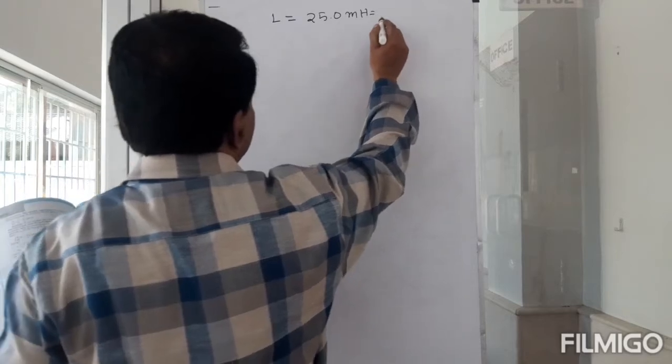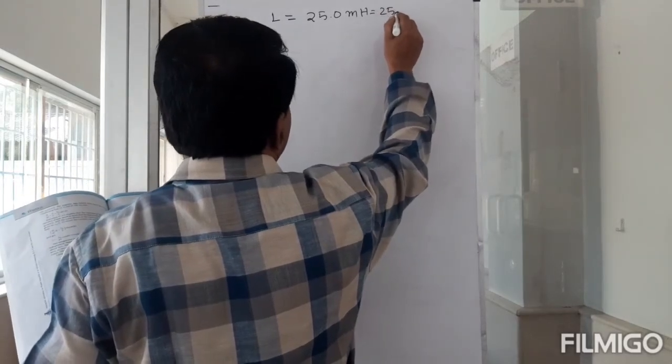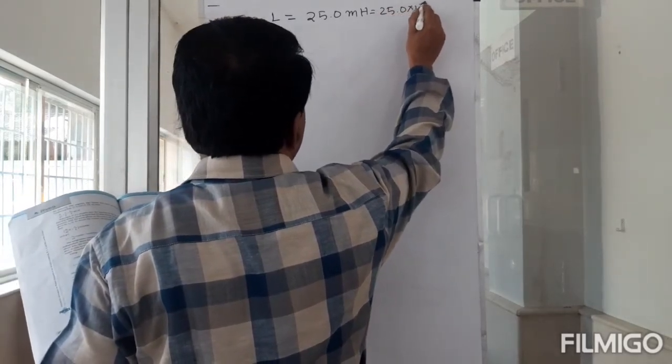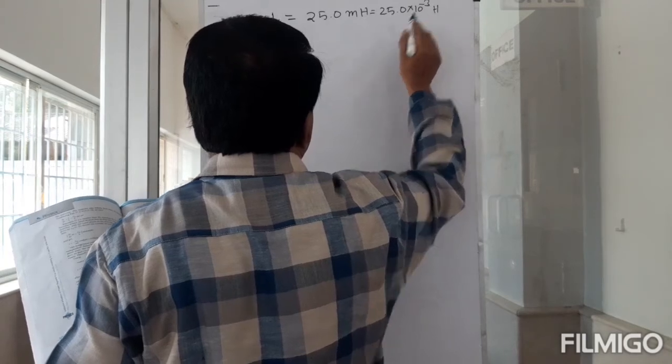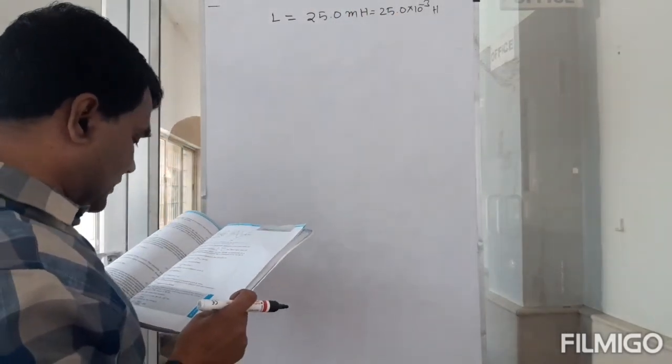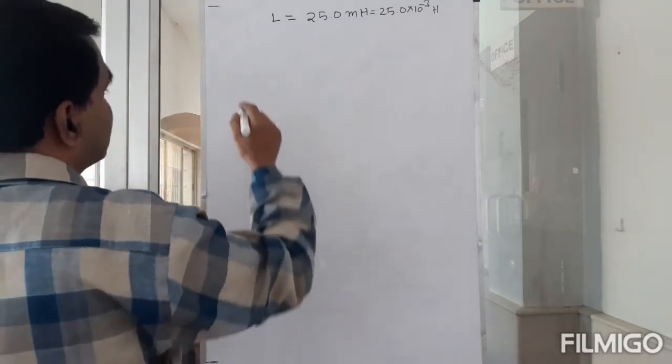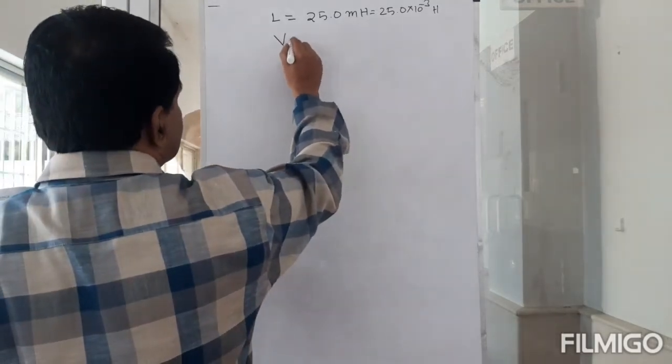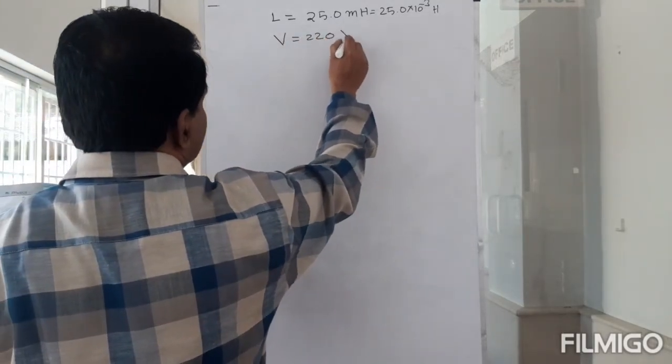25 millihenries is equal to 25.0 into 10 power minus 3 henries, or 2.5 into 10 power minus 2 henries. It is connected to a source of 220 volts, so V is equal to 220 volts.